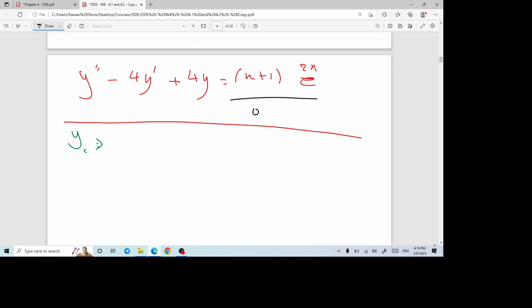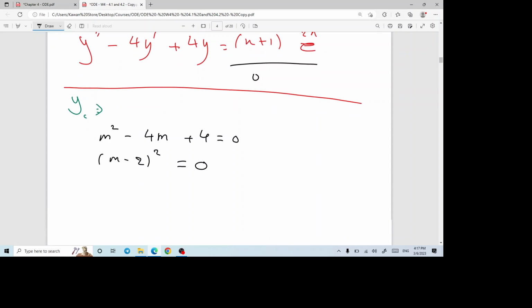So m squared minus 4m plus 4 equal to 0. Am I right? And I know that one is a complete square. So how do we solve it? m equal to what?